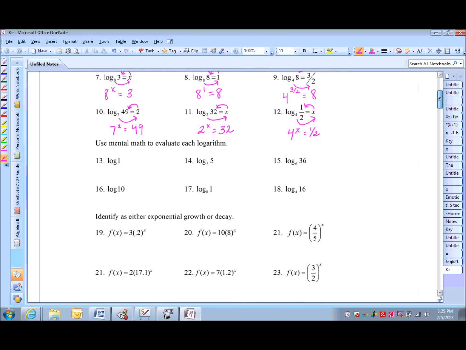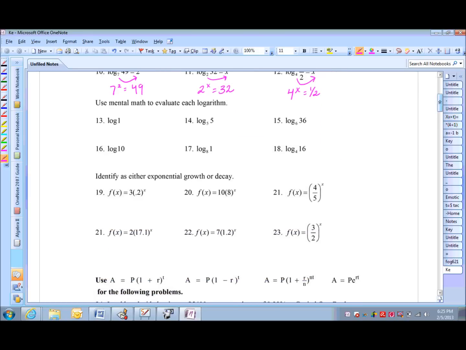Okay, now the next set of directions ask us to use mental math to evaluate each logarithm. So, remember in problem 13, there's no base to this logarithm. So we have to remember our common logarithm is log base 10. So if you see something written without a base, we assume that it's log base 10.